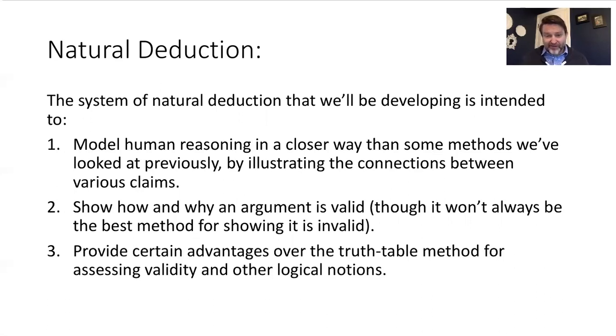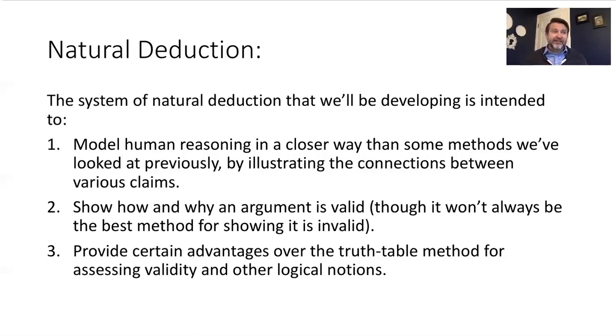Already with 4 atomic sentences, we're up to 16 lines of a truth table. With 5 sentences, we get up to 32. So our truth tables grow exponentially, and that's problematic. It can make it difficult for us to deal with arguments involving more than just a few atomic sentences. Natural deduction doesn't have this problem.